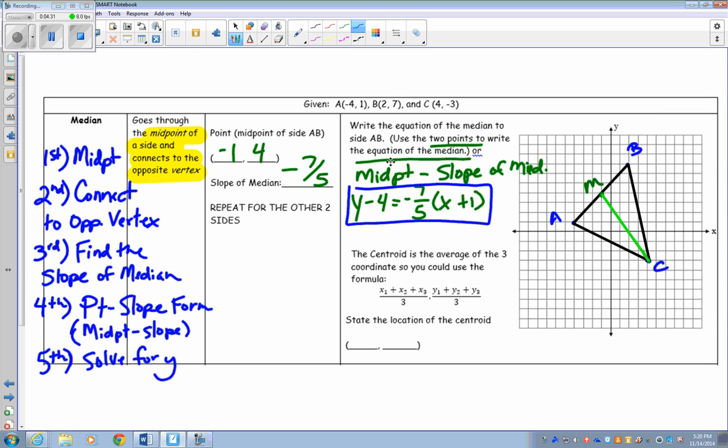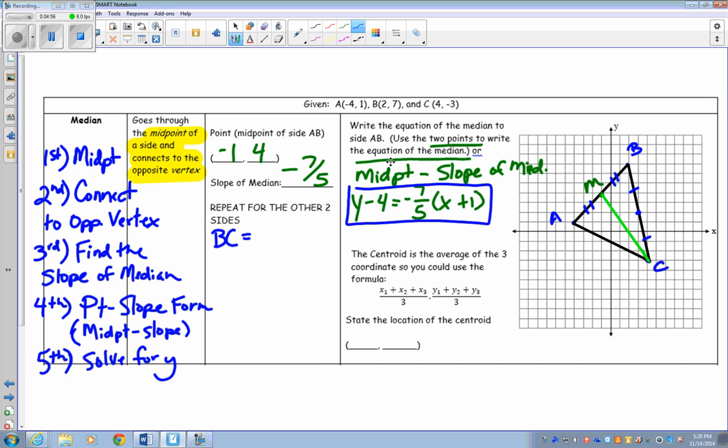Now, if I repeat for the other two sides, I would have to find the midpoint of BC. I can probably see this one on the graph. It looks like it's at 3, 2. 1, 2, yeah. So there's that midpoint. I should have put my tick mark so you could see that.